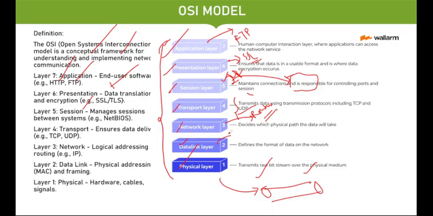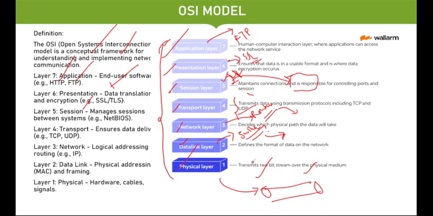Then the data link layer. Here there will be switches, and it defines the format of data on the network. So which data it is will be defined there. Also, first it will come from another network, and when it comes into the network, it will use switches to find the destination.